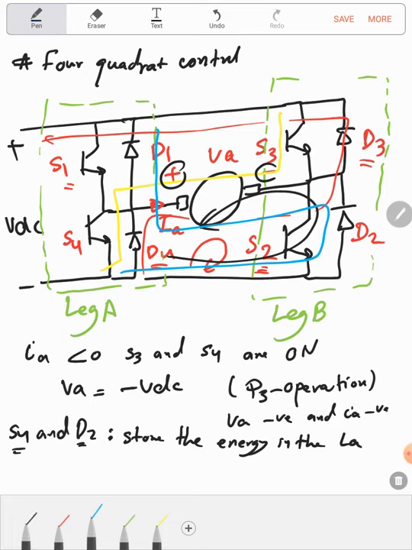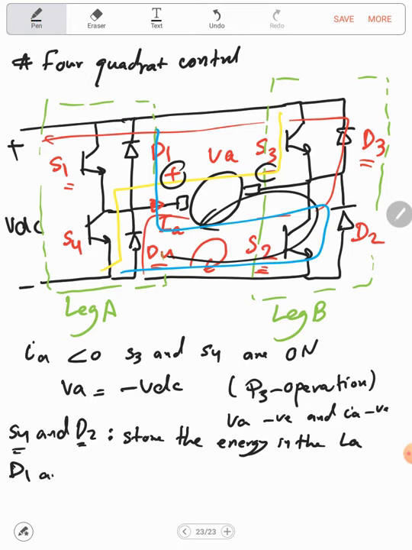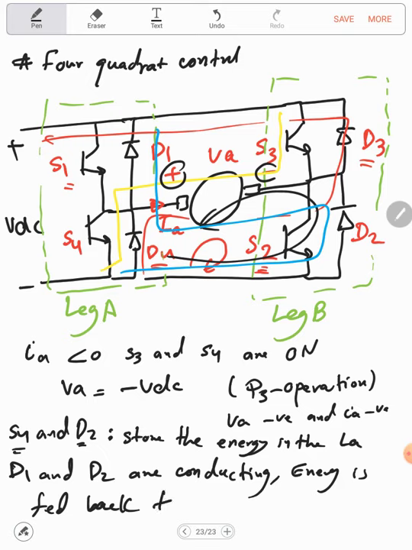So finally here, if D1 and D2 are conducting, the energy is fed back to the supply, and this is the Q2 operation.